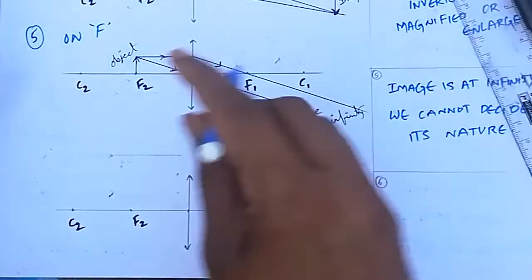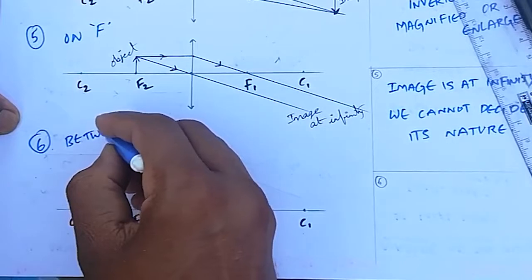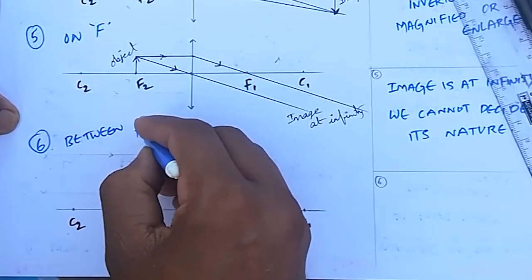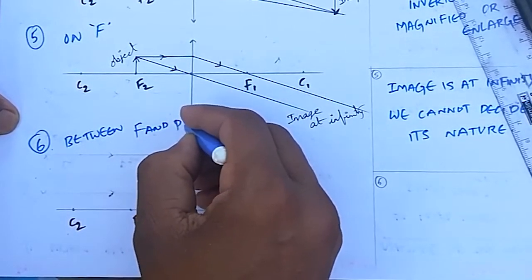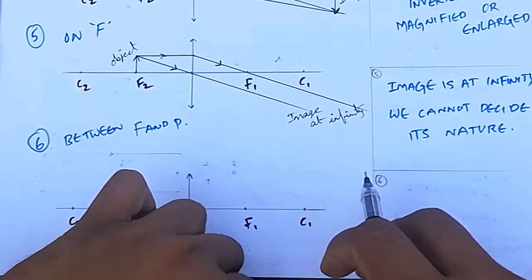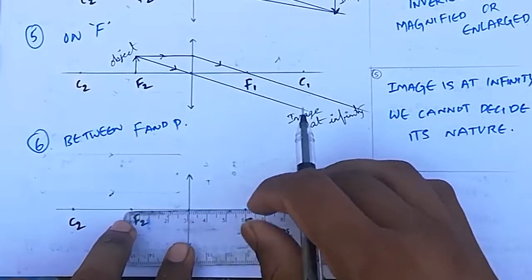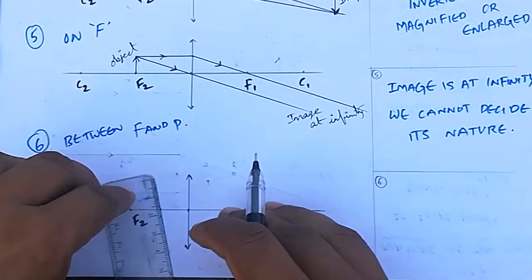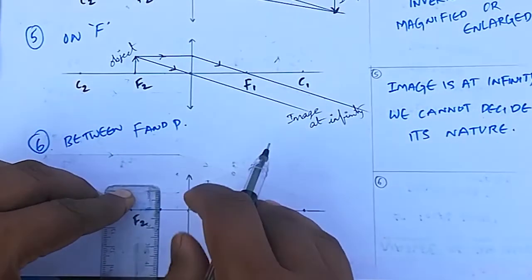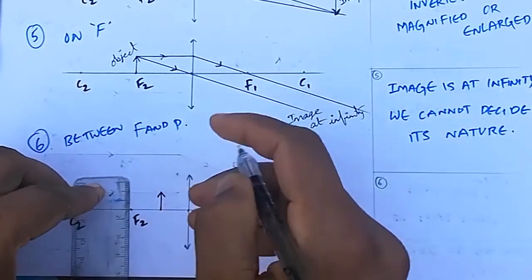Now the last, sixth position, between F and P, that means the optic center. We'll see now where the image will form. Exactly between, I'm taking again a 1 centimeter height object.